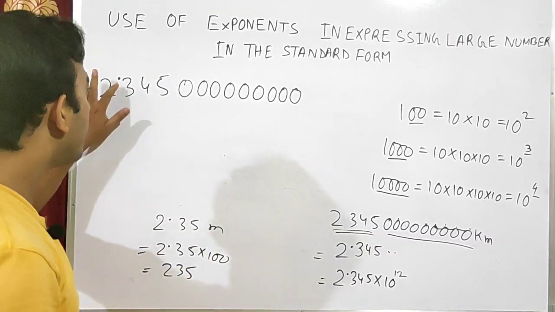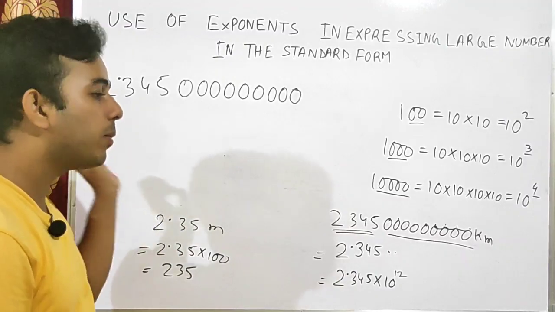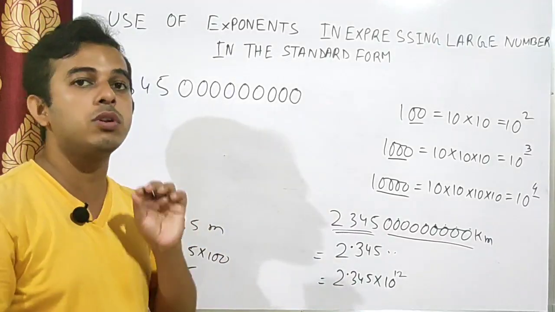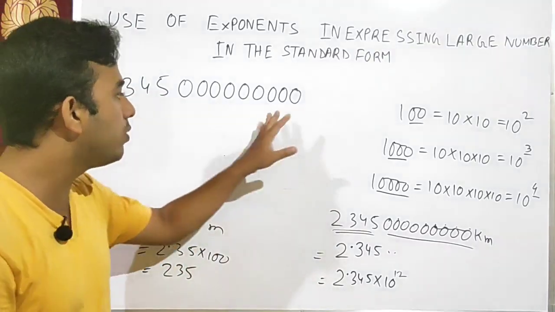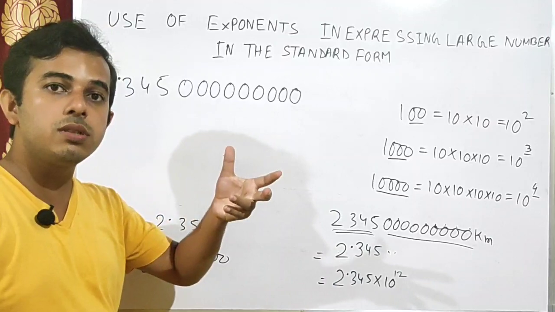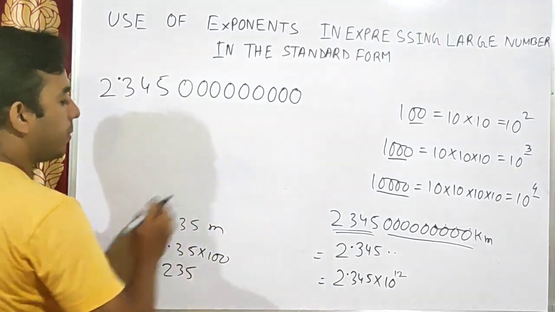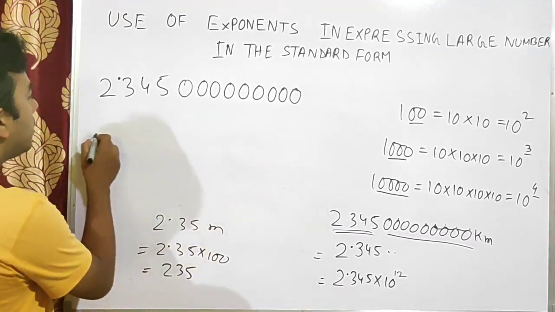Now since I have introduced a decimal, we have to introduce the decimal in the standard form. Since I have introduced a decimal, their value is changed, right? So not to change the value, we have to multiply with certain numbers, like now we have to remove this decimal. How can we remove the decimal?